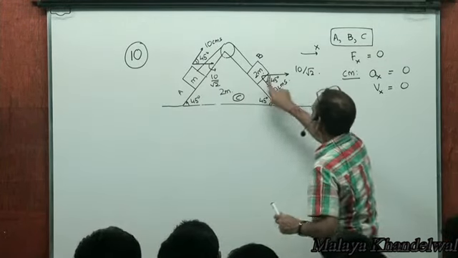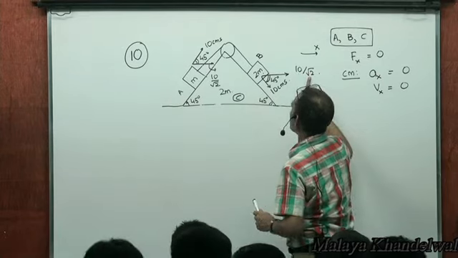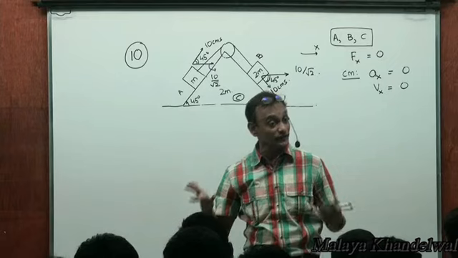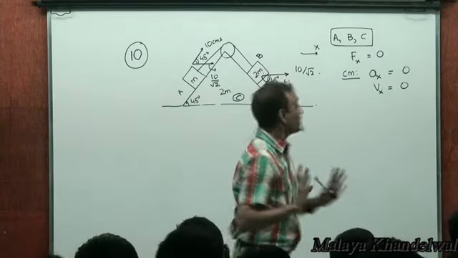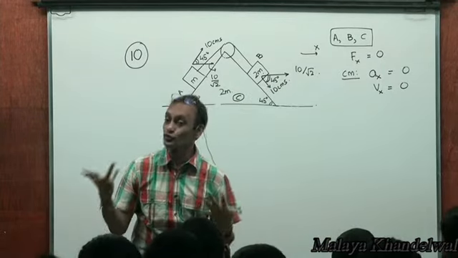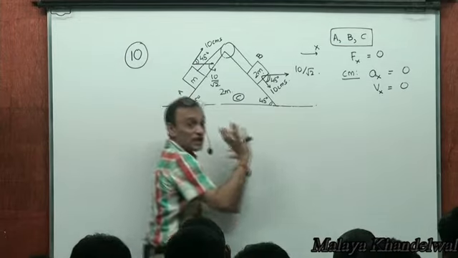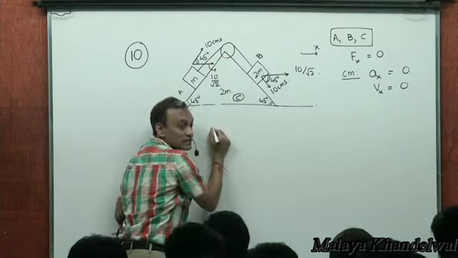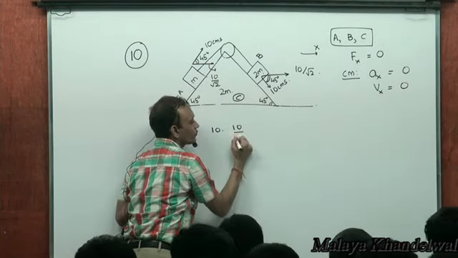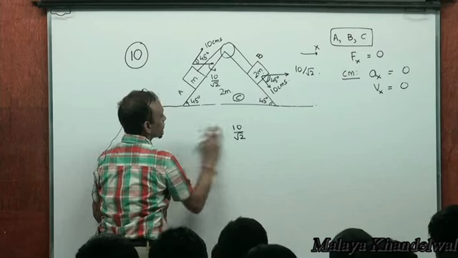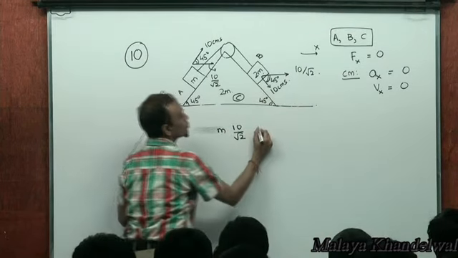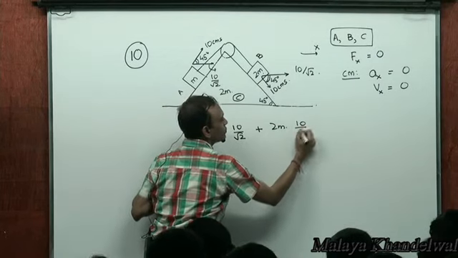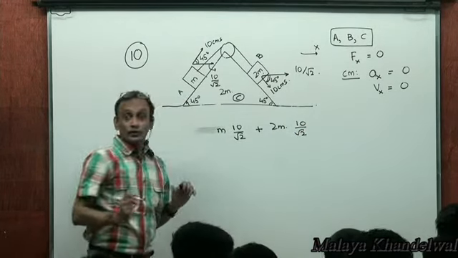Now, when this moves to the right by an amount 10 by root 2 and this moves to the right by an amount 10 by root 2, they disturb the x coordinate of the center of mass of the system, right? The block allows that to happen to begin with. The extent of the disturbance is m into 10 by root 2 plus 2m into 10 by root 2, right?